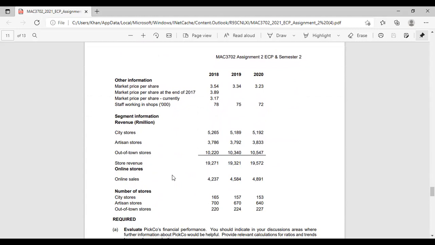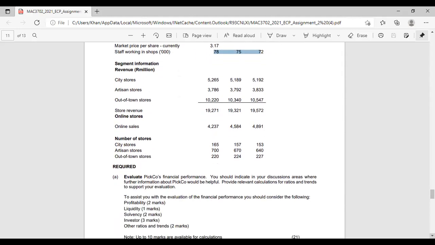What is this? Market price per share is the share price. The current share price, I'm assuming, is like April, whatever it is. And then staff working in shops.